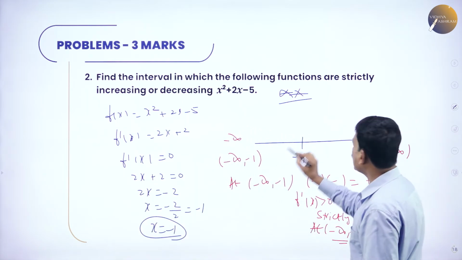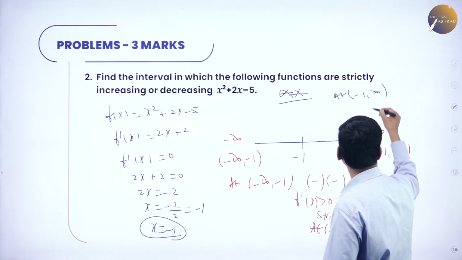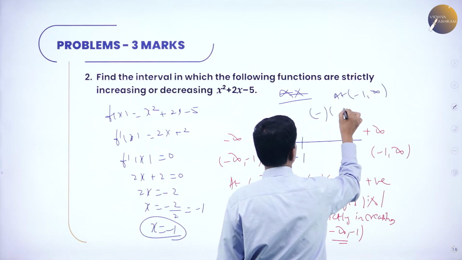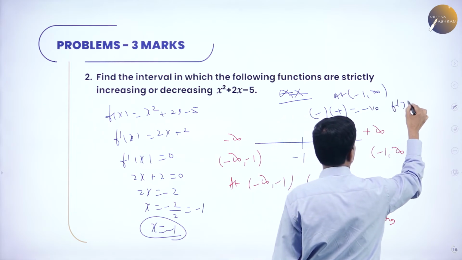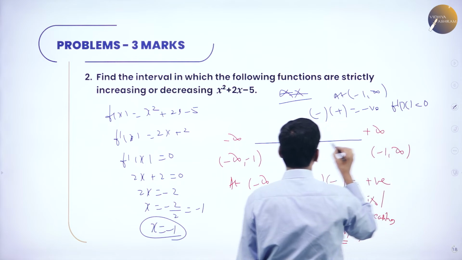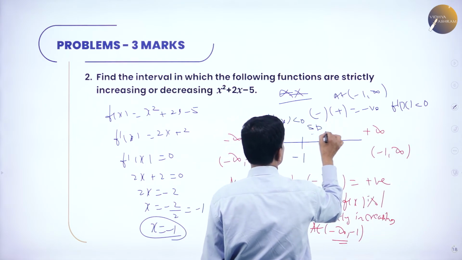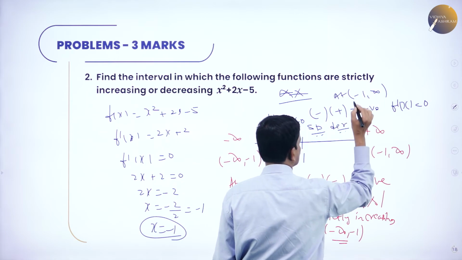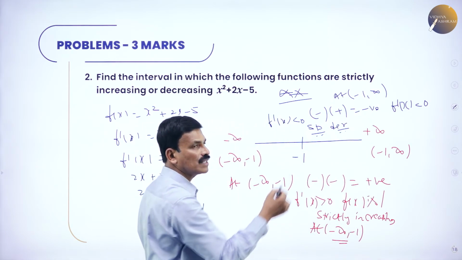At the other interval, minus 1 comma infinity, this is negative into positive, which is equal to negative. Therefore, f dash of x is less than 0, which means strictly decreasing. So the function is strictly decreasing at minus 1 comma infinity.